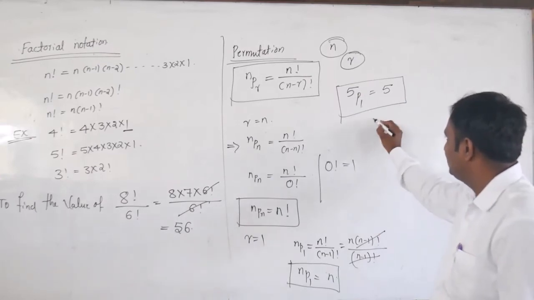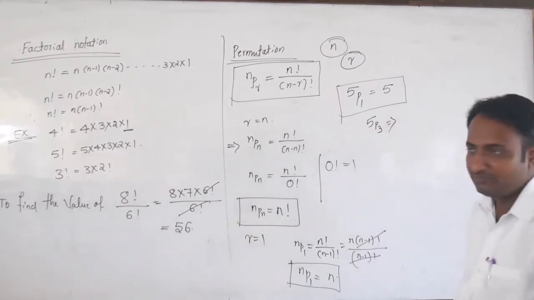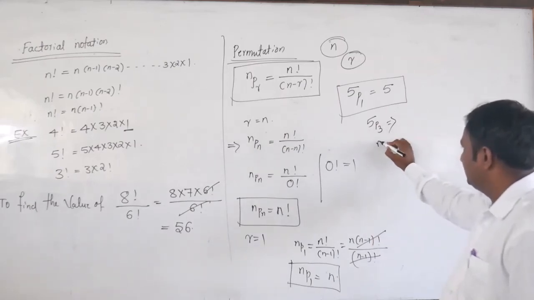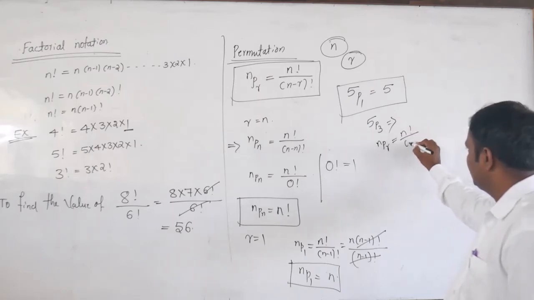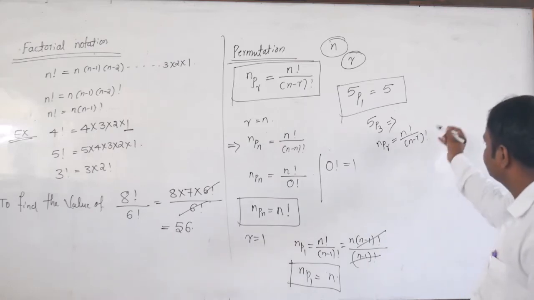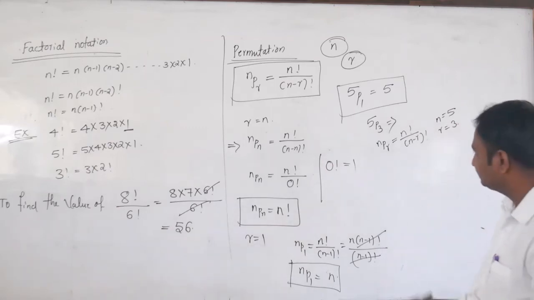Then to find the 5P3 value, according to our principle, nPr is equal to n factorial divided by (n minus r) factorial. In place of n, 5 is there. In place of r, 3 is there.